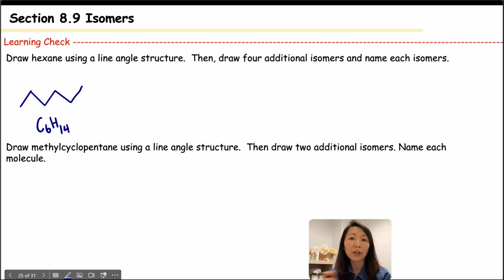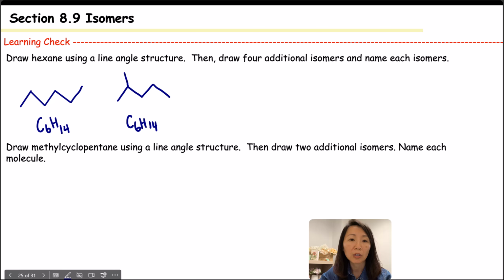So you're going to draw another isomer that has C6H14, but is not hexane. For example, it has 6 carbons and 14 H's. It's got a methyl group on here. So this is a pentane, with 1, 2, 3, 4, 5 carbons, and a methyl group attached to the second carbon.